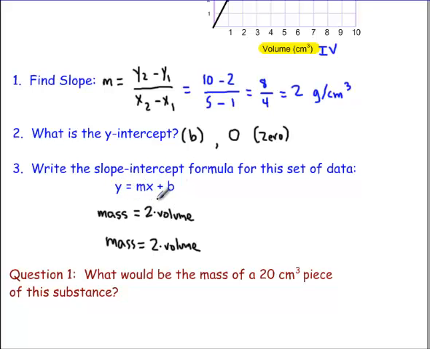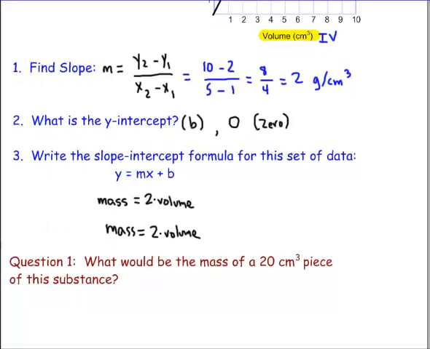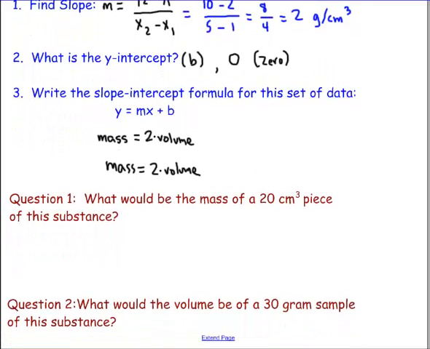We translated that into the slope-intercept formula. So any set of data can be translated into a mathematical formula. Once we have that formula that represents that data set, we can answer some questions. We can go beyond the data that we were given and determine different values for the variables.